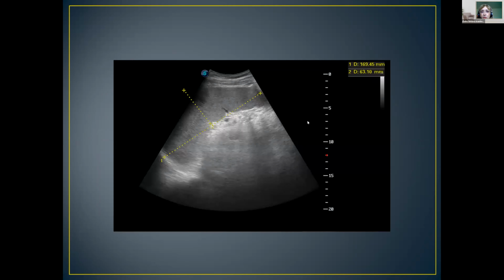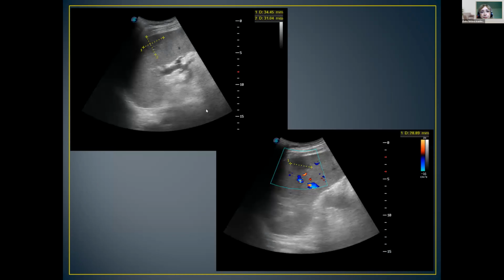On B mode ultrasound, we see a large spleen, 70 centimeters, with a hypoechoic peripheral lesion, less well delineated, as you can see here, without a Doppler signal inside.